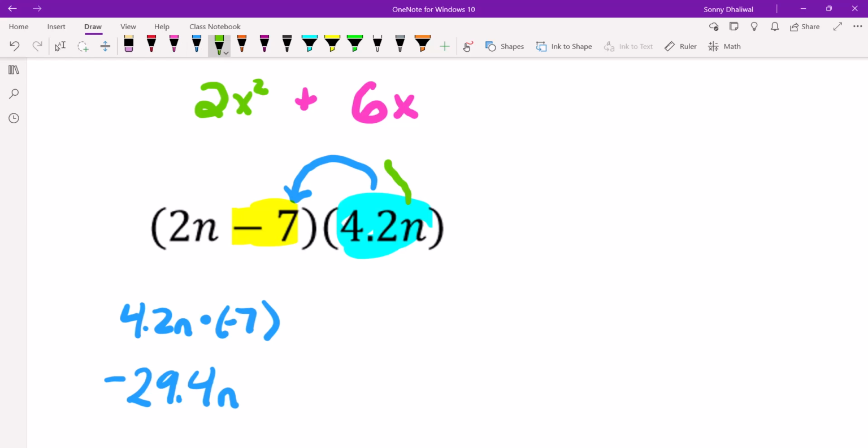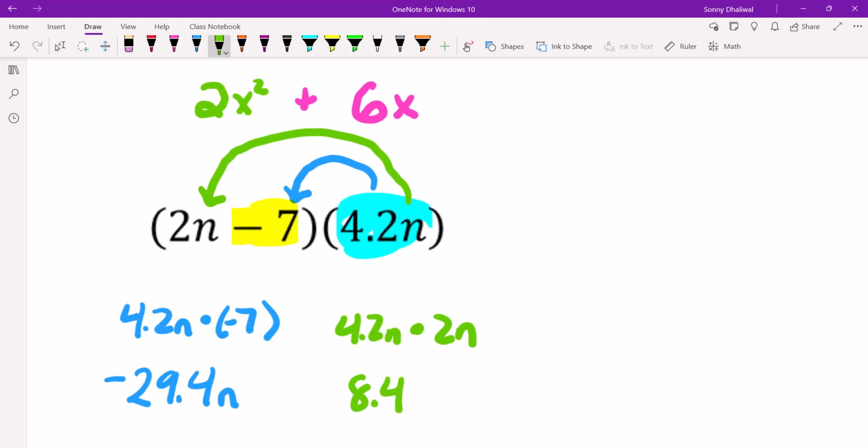So I'm going to take this and push it to the second term, and I'm going to write that calculation out. So I've got 4.2 n times 2n. And what did we get this time? 8.4. Yes, 4.2 times 2 is 8.4. What about the n squared?